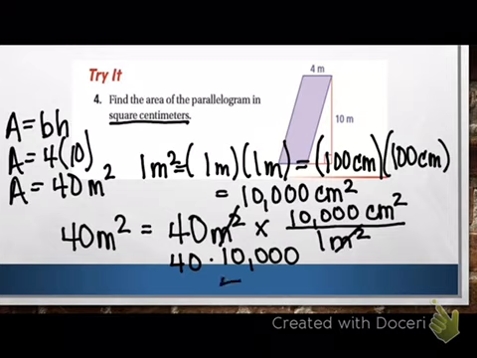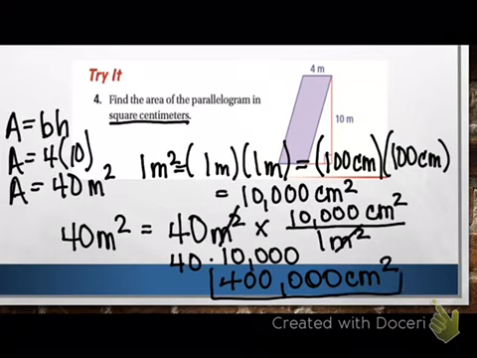That's going to equal 400,000 centimeters squared. And that will be my answer. I have now converted 40 meters squared to 400,000 centimeters squared.